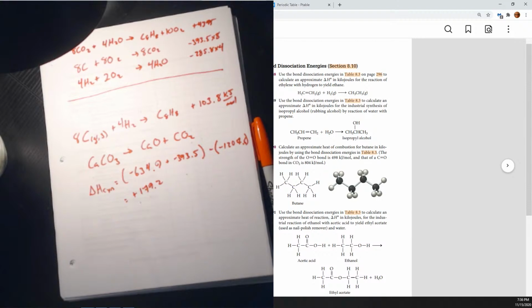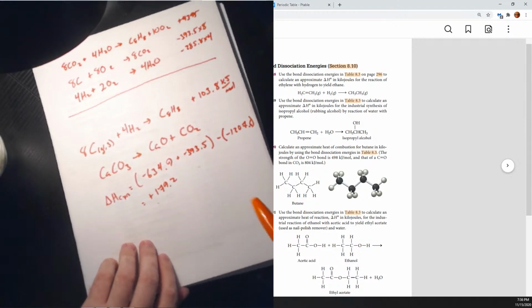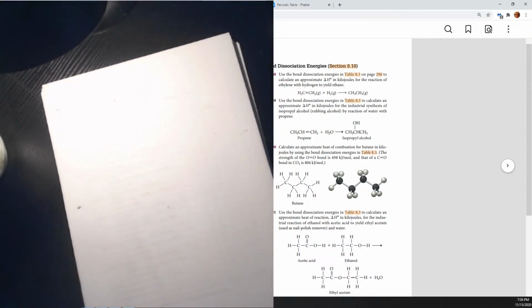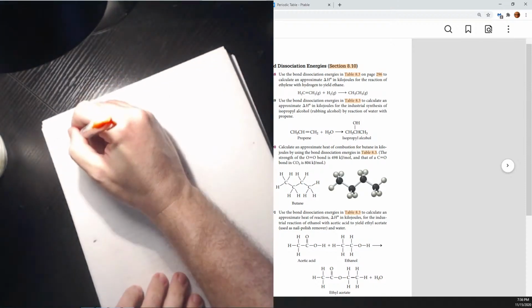88. Use the bond dissociation energies on page 296 to calculate an approximate delta H in kilojoules for the reaction of ethylene with hydrogen to yield ethane.